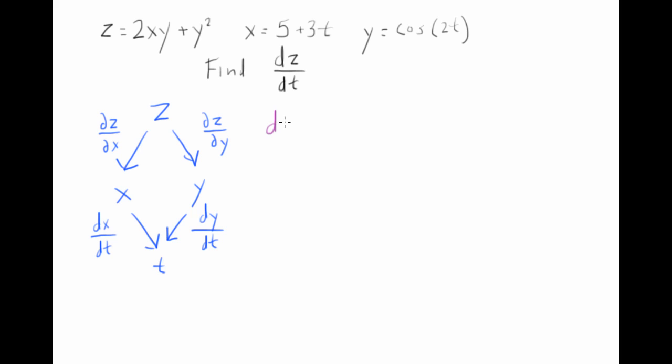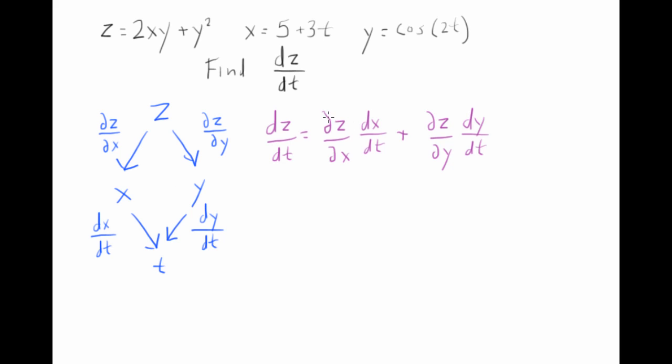So dz dt will be, oops, almost wrote a d there, I need to write del z del x times dx dt. That's what I get when I go down this path. Plus del z del y times dy dt. That's what I get when I move down that path.